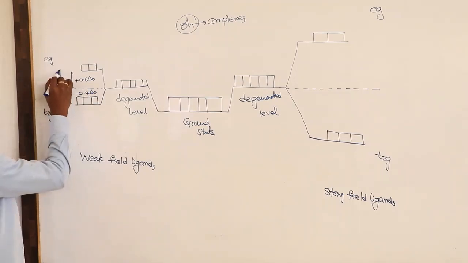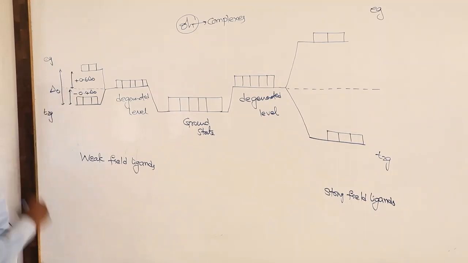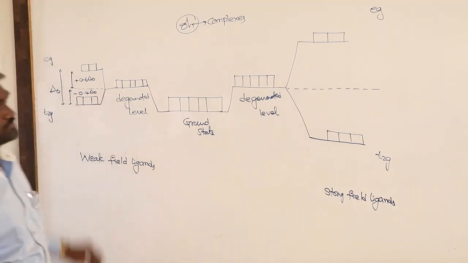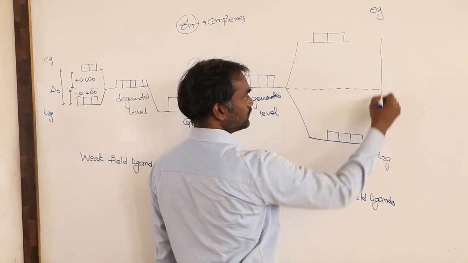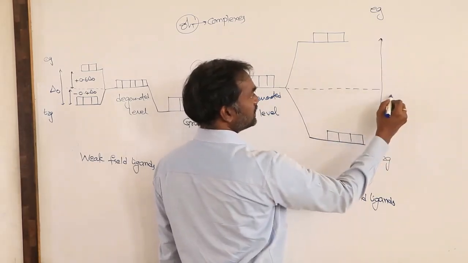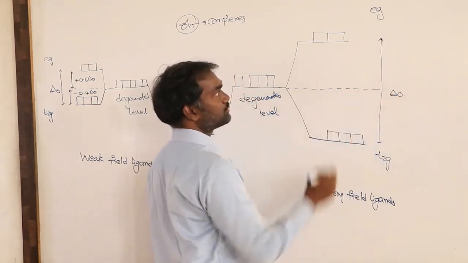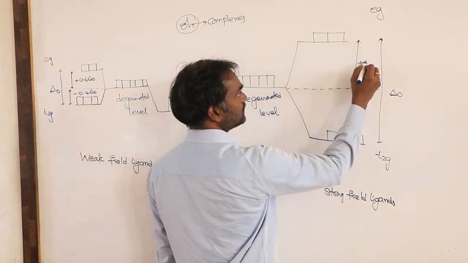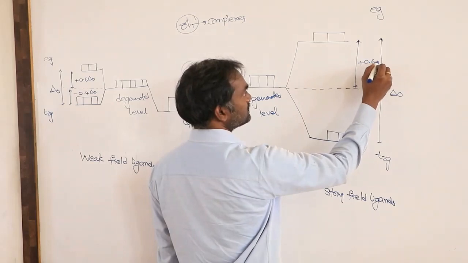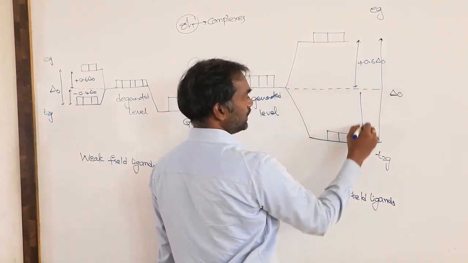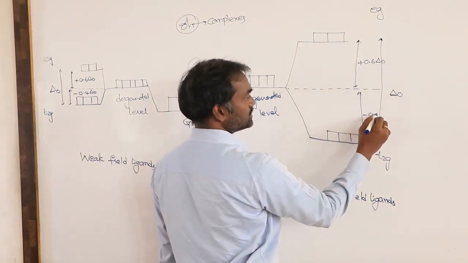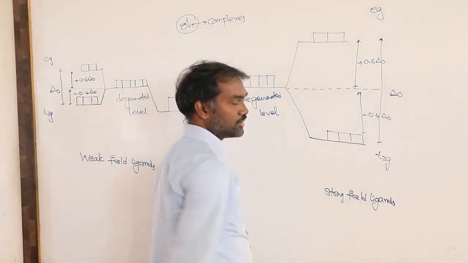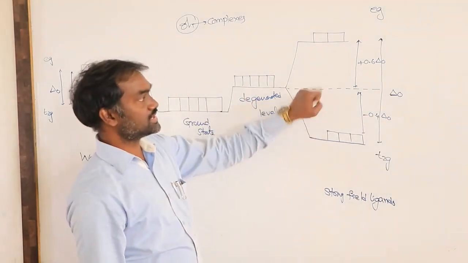So the total here is called the octahedral splitting energy. So here also, from here to here is delta 0, the octahedral splitting energy. This is plus 0.6 delta 0. Here to here, minus 0.4 delta 0. So already in the last class we discussed that.